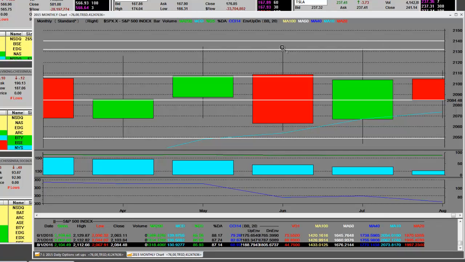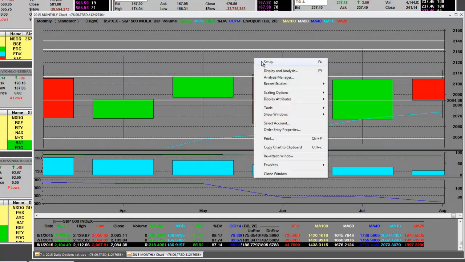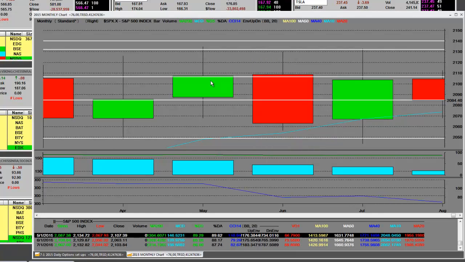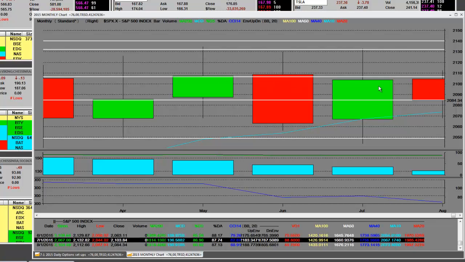And this one here was probably right around 2129. And then, of course, this was the major peak back over here when I go to the trend tool just to illustrate that. That was at 2134. Okay, this high here was 2129. They came back again over here, and that was 2132 reversal.